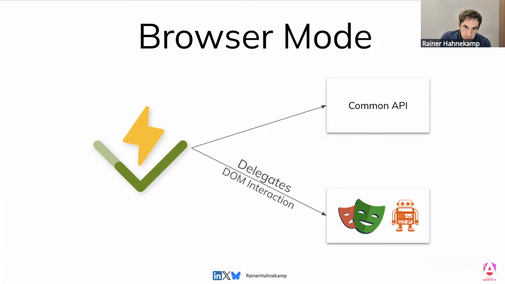Because the browser mode says that when it comes to DOM communication, that is querying DOM elements but also running actions on them, I'm not going to use something built into the testing framework, but I'm going to delegate those commands to an end-to-end framework, which could be Playwright.